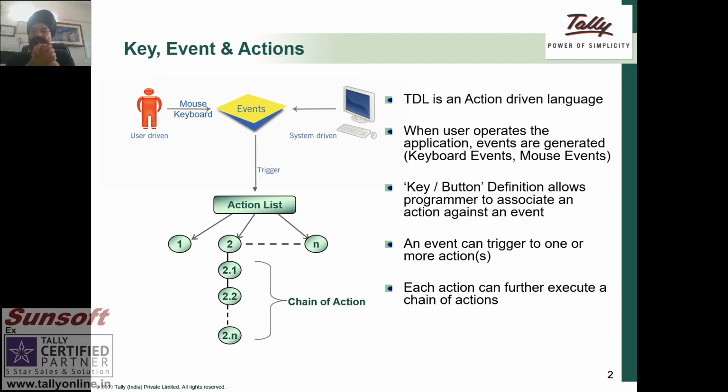Like we saw in the last lecture, that button you can trigger with a key. An event can trigger one or more actions, and each action can further execute a chain of actions. So an action can have multiple actions.